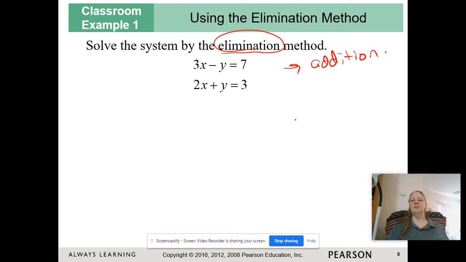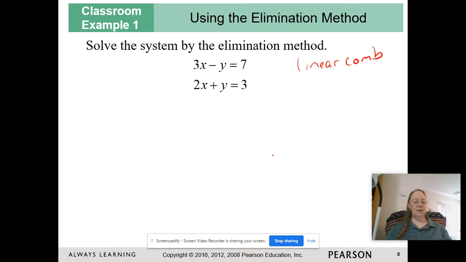This is actually the name of the method that I learned when I was in high school. They called it the addition method. By the time I started teaching college, they had switched the name. They started calling it the elimination method. And then when I started teaching high school, they started calling it linear combinations.